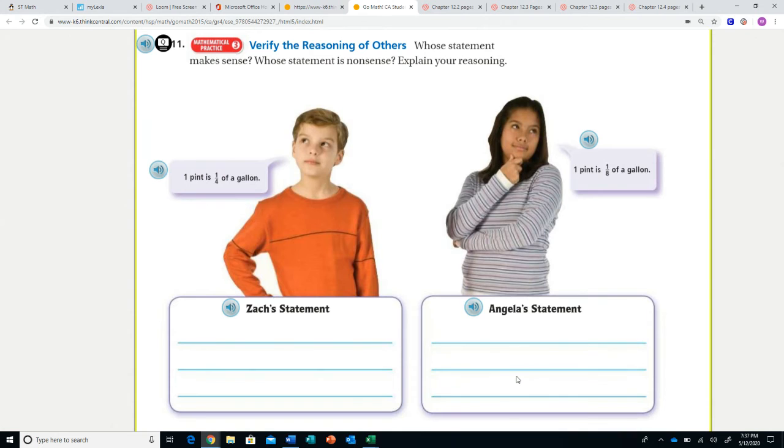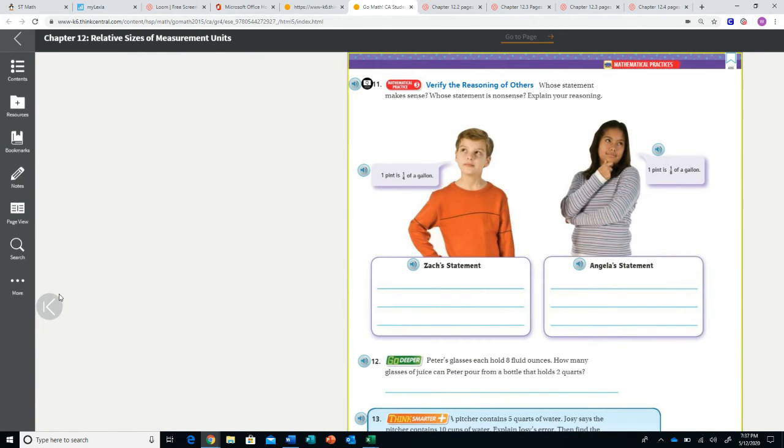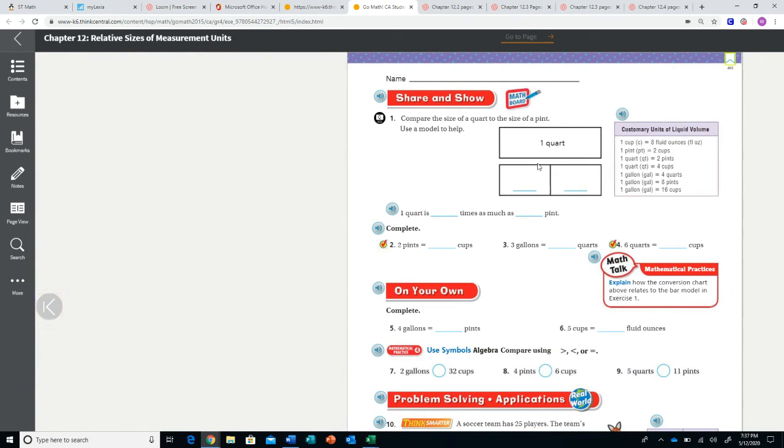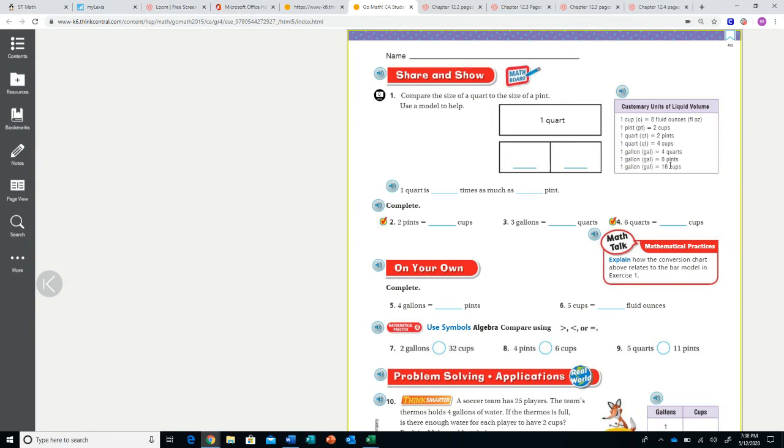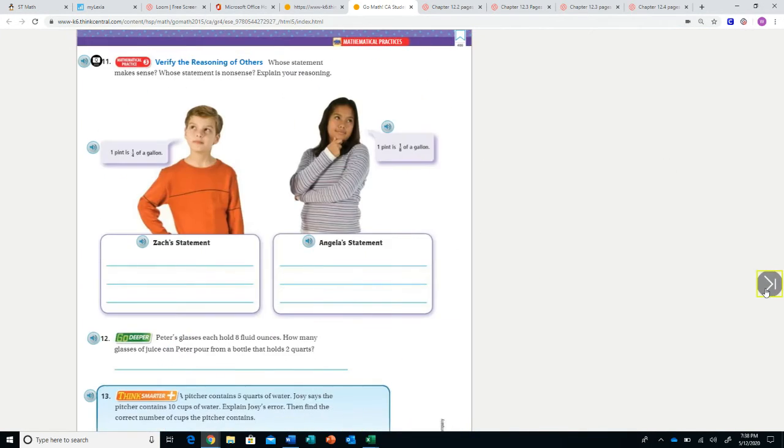Now let's see. Before I do a snip and sketch, I want to make sure we understand how many pints are in a gallon. If I come back over here, 8 pints are in 1 gallon. And Angela says 1 pint is 1/8 of a gallon, so she is also doing pints to gallons.